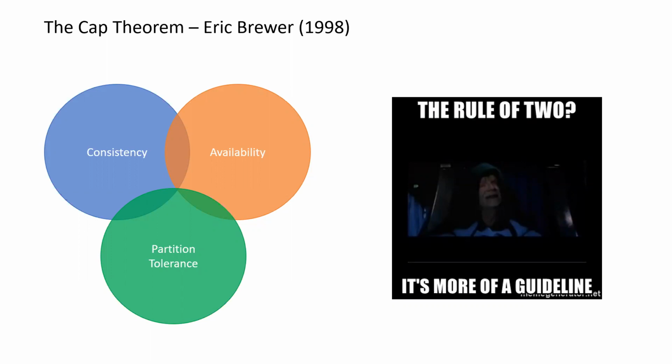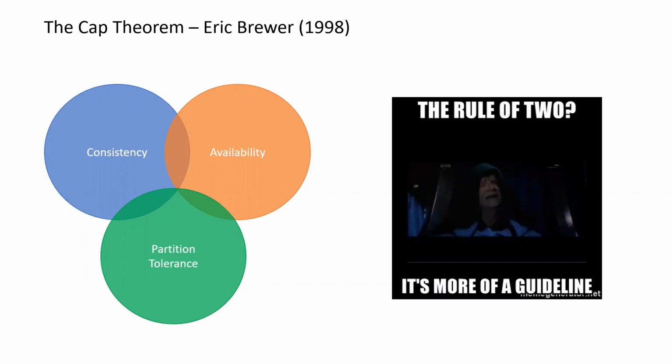Yeah, Bob. So, the CAP theorem essentially looks at three key aspects of a database system: consistency, availability, and partition tolerance. And Eric's postulate, his theorem, stated that any database system can only have two of these three elements in high supply.